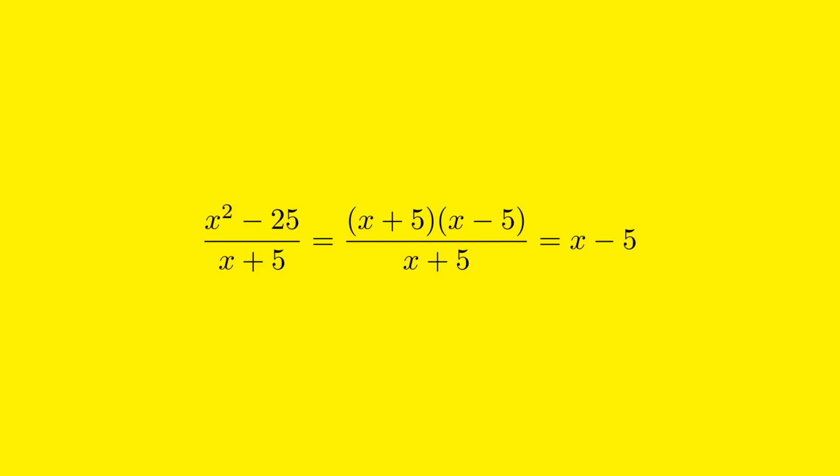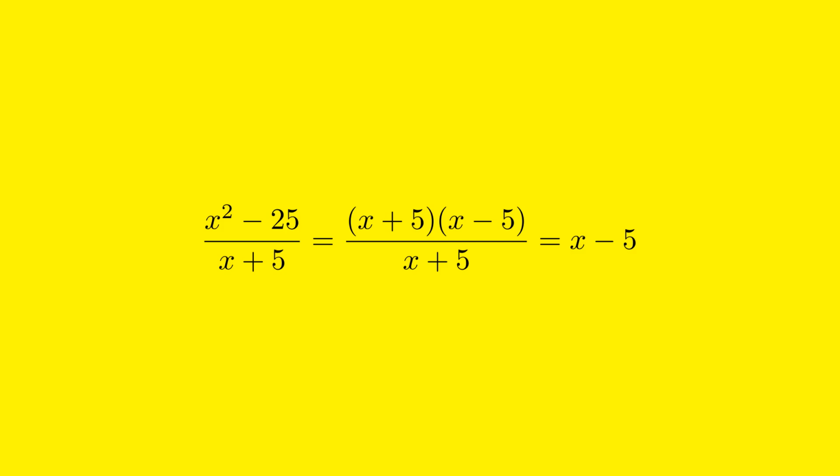Now that we have factored the numerator, our rational expression is transformed from x squared minus 25 over x plus 5 to x plus 5 multiplied by x minus 5 over x plus 5. In this step, we look for common factors in the numerator and the denominator to simplify the expression.